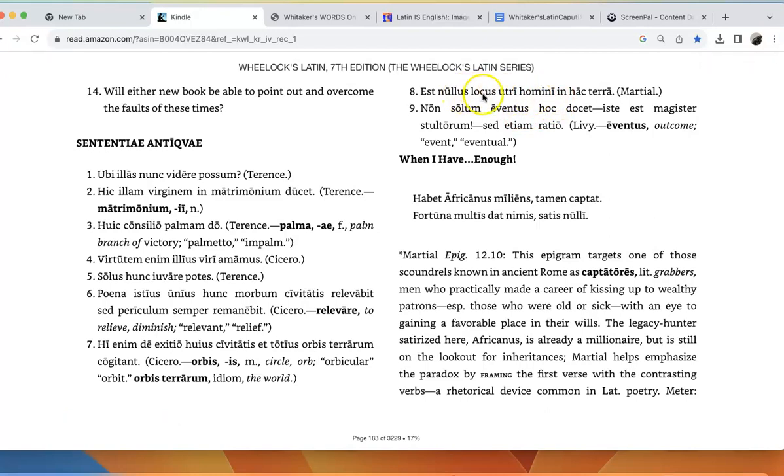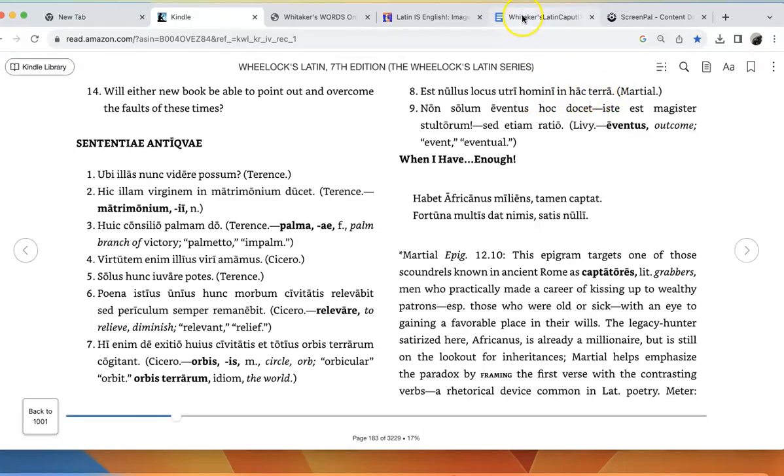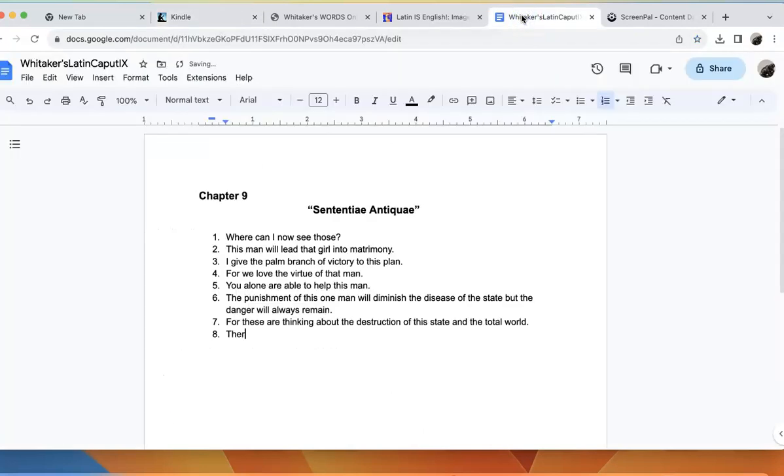So there is no place for either of these men on or in this world. So let me write this down here. There is no place, I type here, for either of these men in this world.